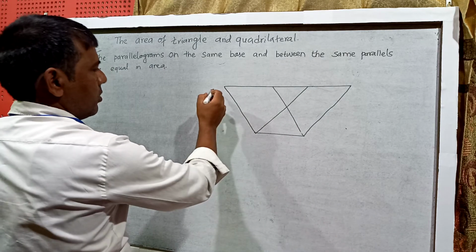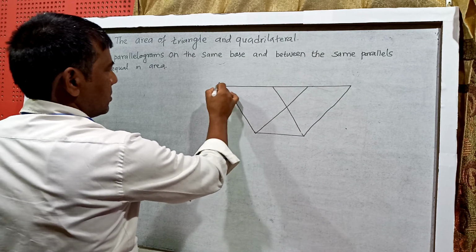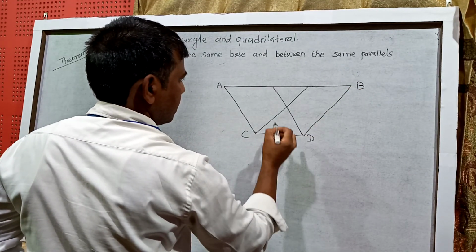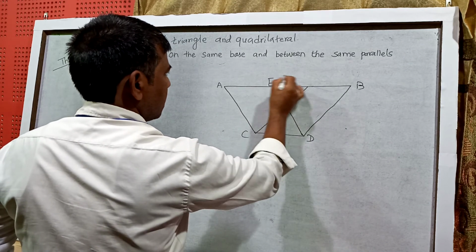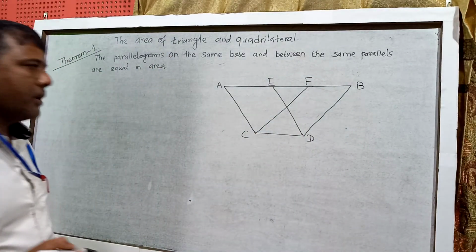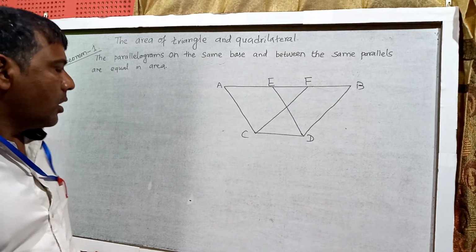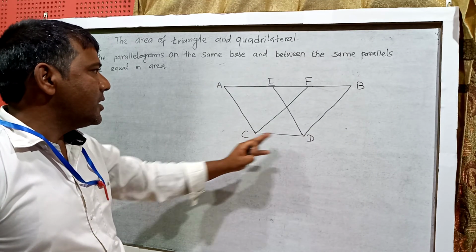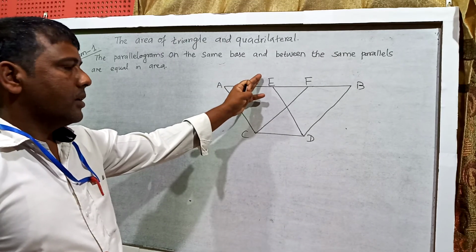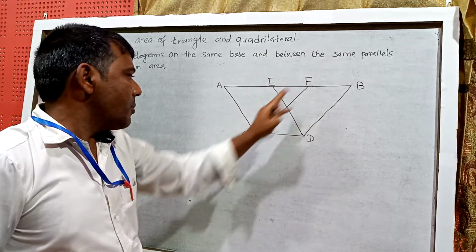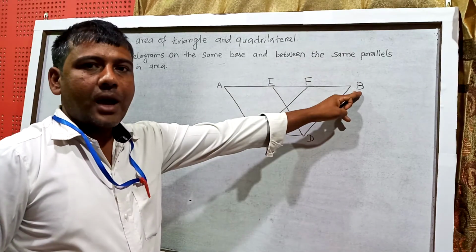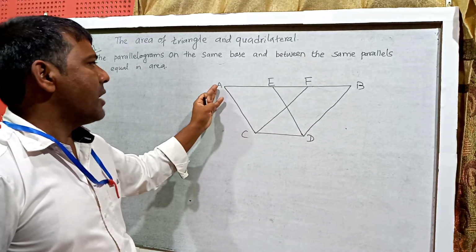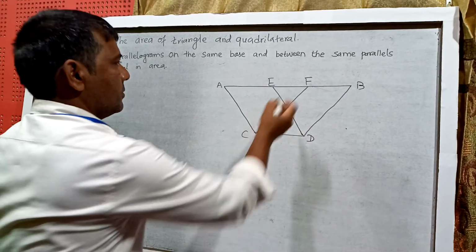There are two parallelograms on the same base CD. This parallelogram ACDE and the parallelogram FCDB are standing on the same base CD and between the same parallel lines AB and CD.